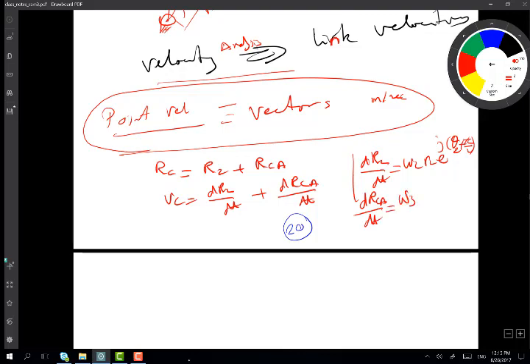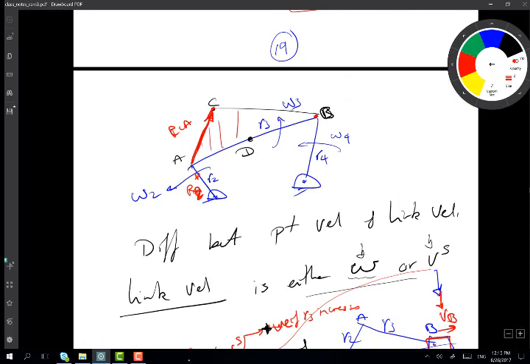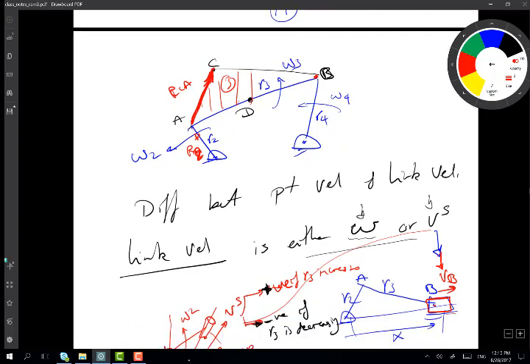omega 3, because point C, this vector, is part of link 3, so it rotates with it. It has the same angular velocity as link 3. Link 3, or any link, in reality is not just a straight line. It can be a lamina, it can be any shape. So if I want to calculate the velocity of any point on it, I use omega 3.